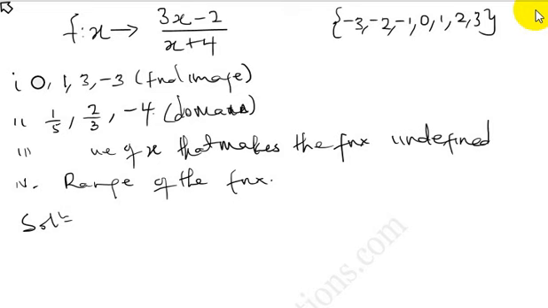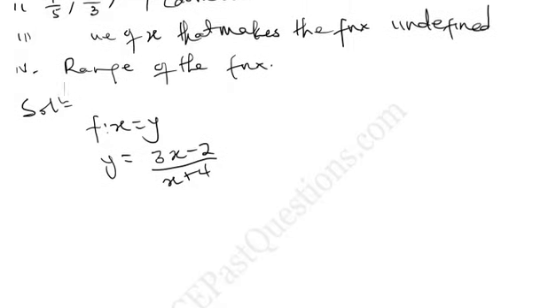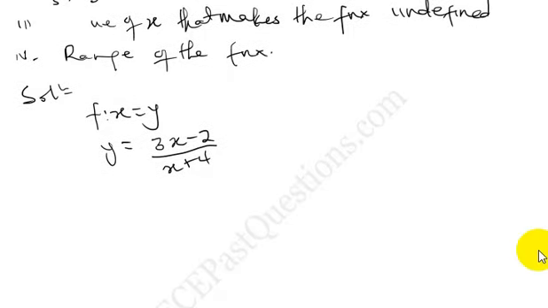So you know that f of x will be equal to y. So we are going to get y being equal to 3x minus 2 all on x plus 4, right? Then we are doing that for 0.